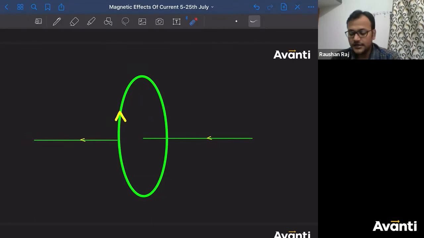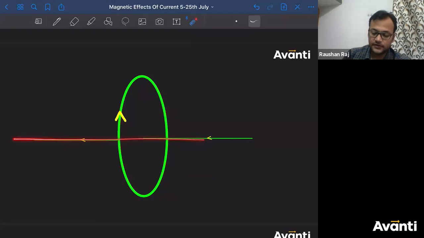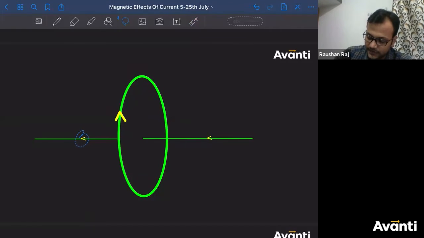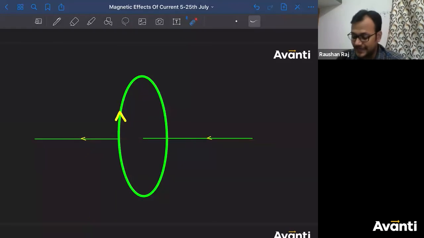First of all, you should understand this concept: to find the magnetic field lines at a point which is not on the axis is very, very tough to calculate. To calculate it numerically with the help of calculus and all, it's very difficult.